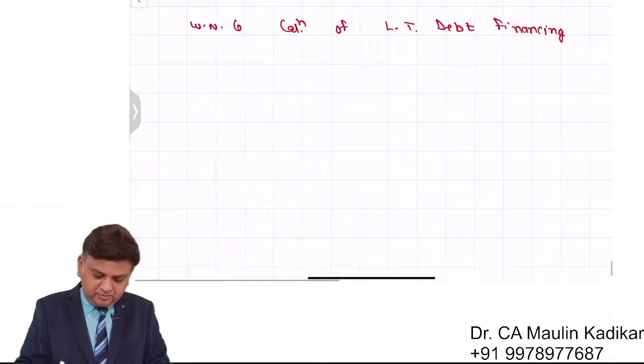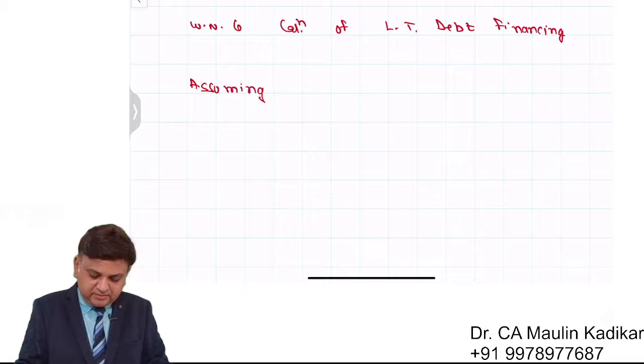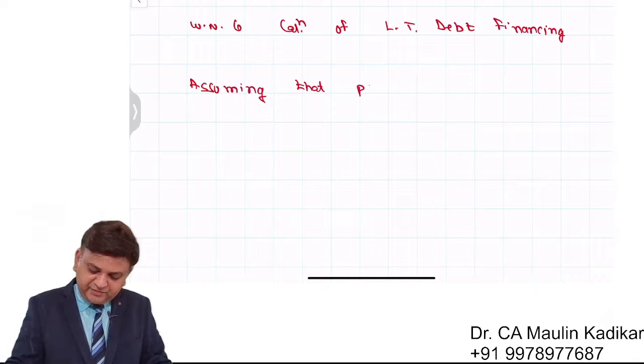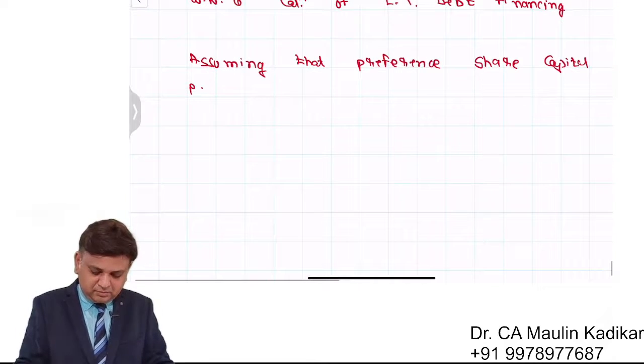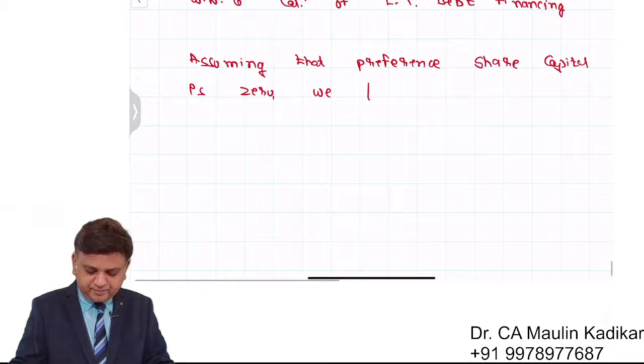In that, write down, assuming that preferential capital is 0, we find debentures.